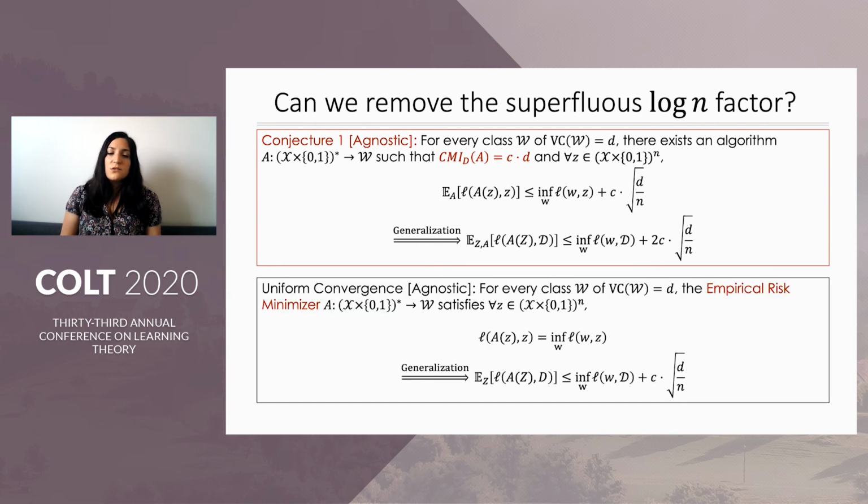As a reminder, uniform convergence says that for this class, the empirical risk minimizer, the algorithm that returns the hypothesis with exactly the minimum empirical loss on the data set, has true loss of the same order. So in our conjecture, we relax to an approximate empirical risk minimizer, allowing the same empirical error of square root D over N, which is the same as the generalization bound, in exchange for CMI on the order of D.